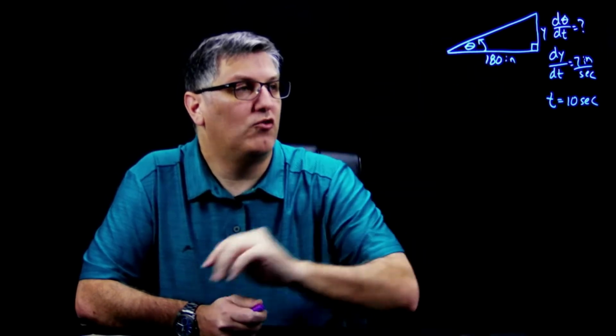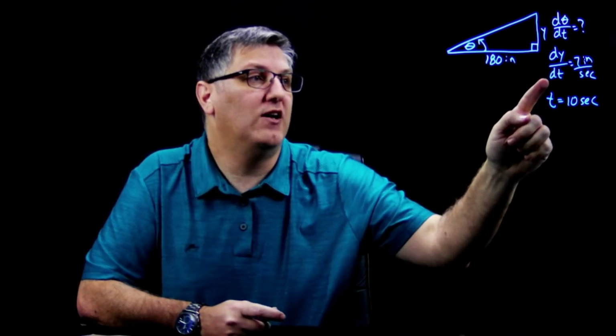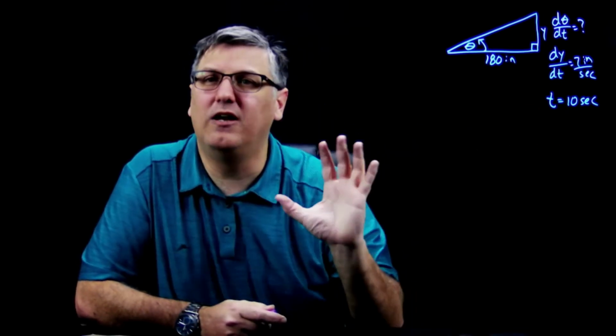All right, so I redrew our diagram here, got rid of the person and everything else. We have 180 inches here. We have y inches here. We know that the flag is being raised at 7 inches per second. We're looking for the change of this angle of elevation, d theta dt, after 10 seconds. So I need to write an equation that I can take a derivative of.